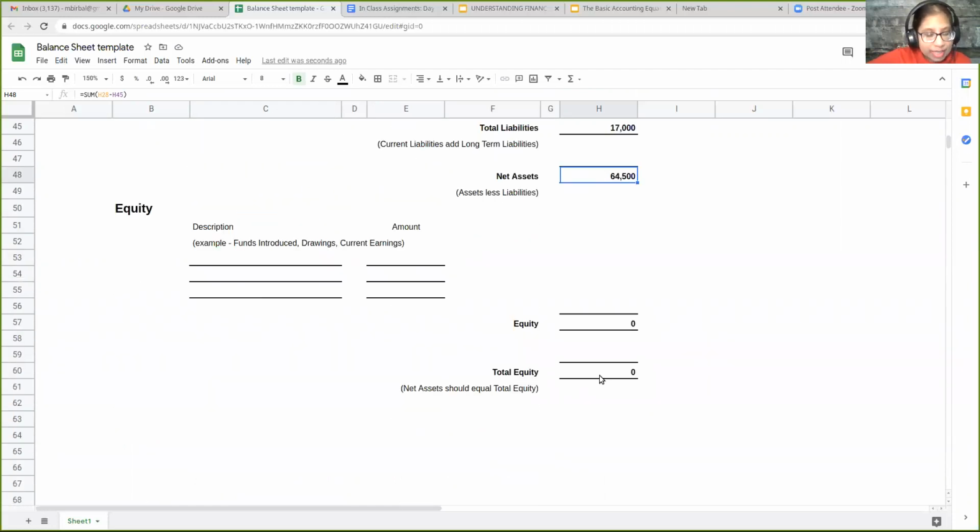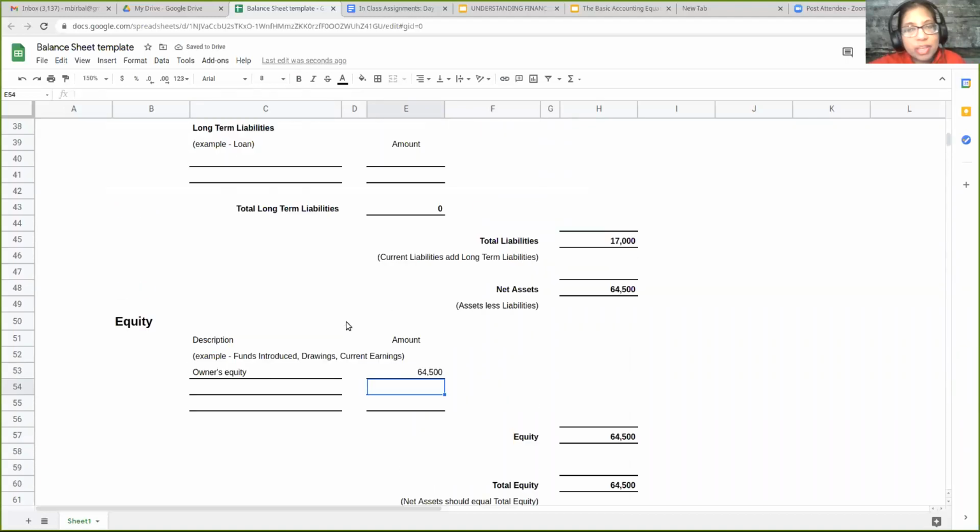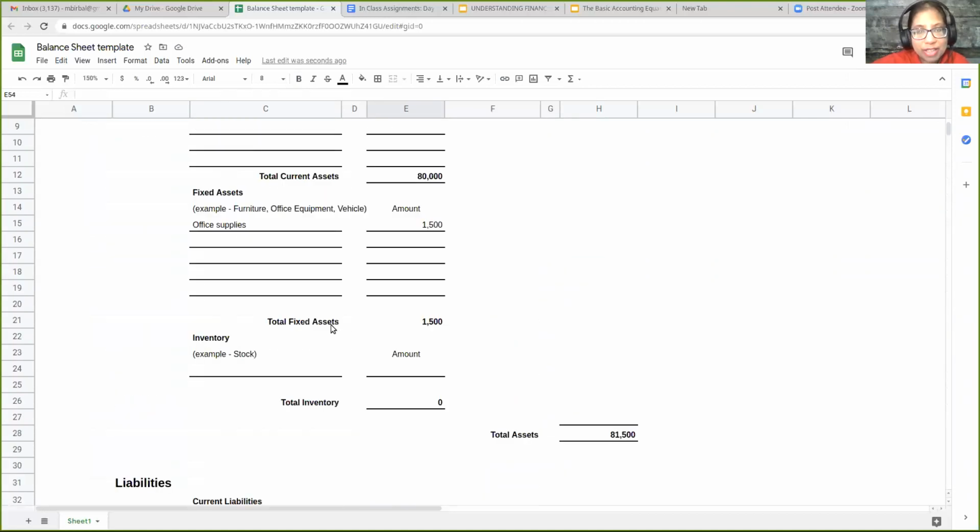Now, they did not give us any other figures. So in order for the balance sheet to balance, the only thing that's missing is the owner's equity, which we can input as that 64,500. All right, and there you have it. There you have your completed balance sheet.